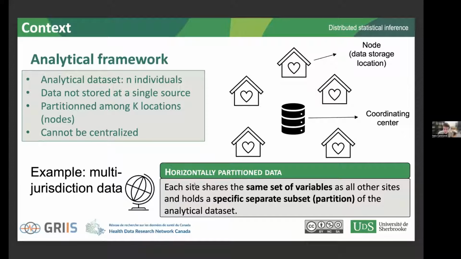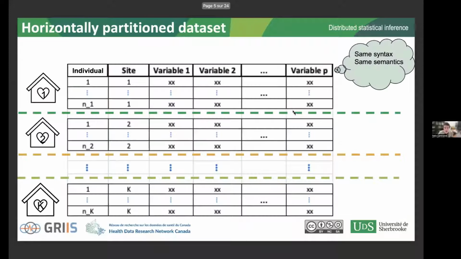Here we focus on horizontally partitioned data, where each site shares the same set of variables as all other sites and holds a specific separate subset, which is said to be a partition of the analytical data set of the n individuals. To give you a picture of a horizontally partitioned data set, the name is closely related to how we usually set up a database, for example in an Excel spreadsheet.